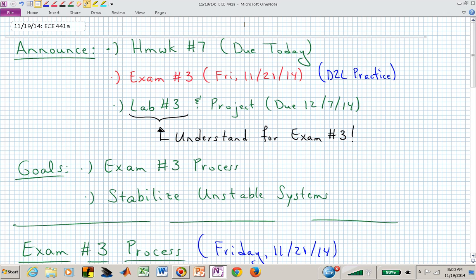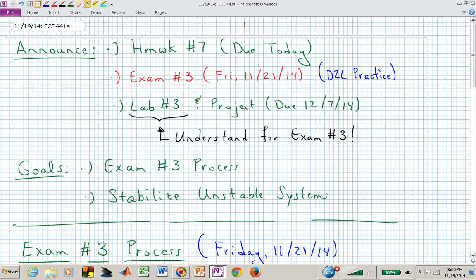Hopefully that red doesn't alarm you too much, but our exam number 3 is on Friday. Homework number 7 is due today, and Lab 3 and the project, which is a 541A project, are due at the end of the first week of December.